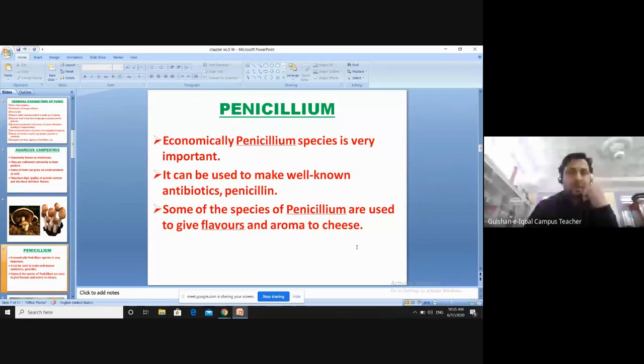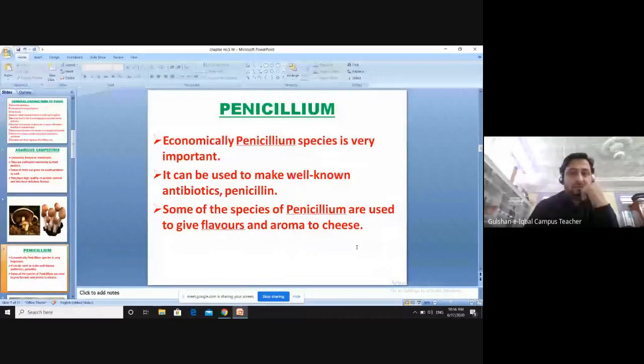That first antibiotic is penicillin. Penicillin is the first antibiotic which has been made, and this antibiotic was made from a fungus, and that fungus name is penicillium. So this species is very much economically important.